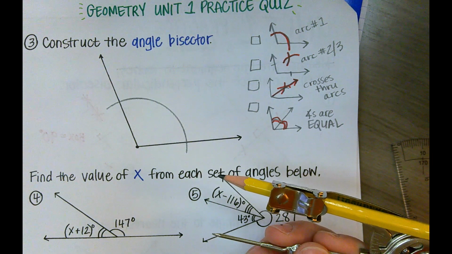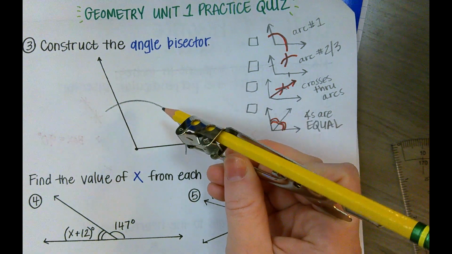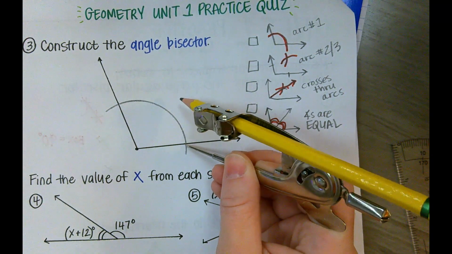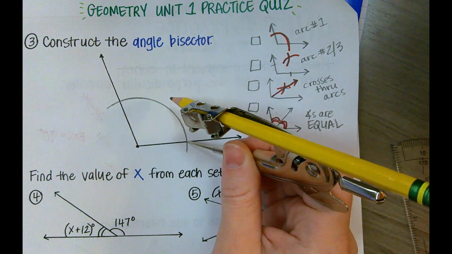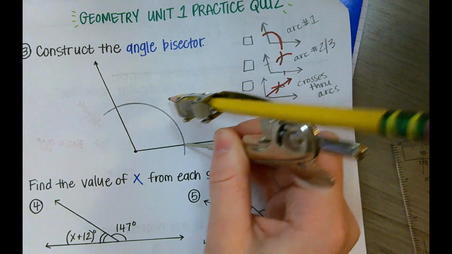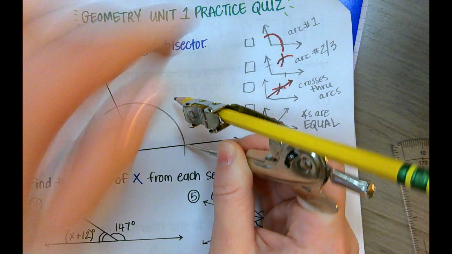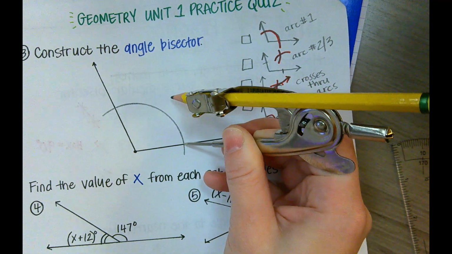Use your points, those intersections. Wherever I cross that arc to the ray that makes up the angle, that's where my point goes next. Now, at this step, you could open your compass a little bigger if you want your arc crossing farther out. You could keep it the same though. I'm just going to keep it the same.